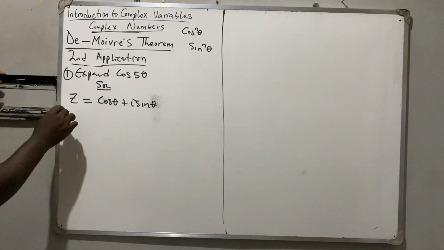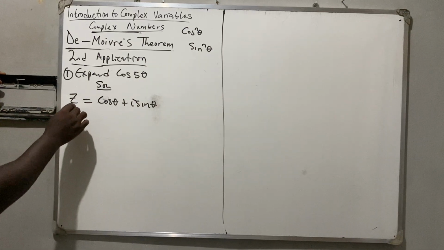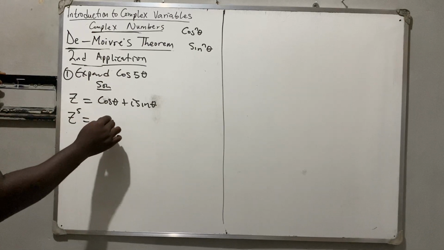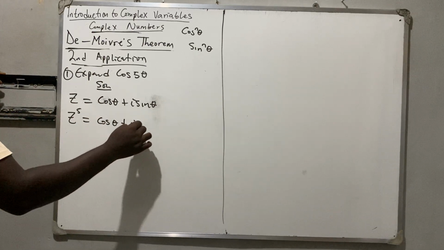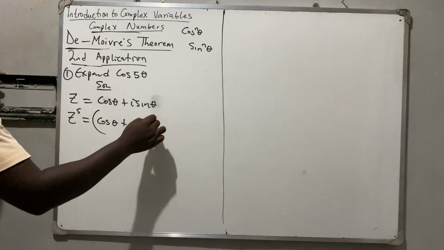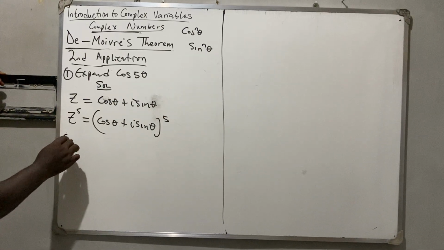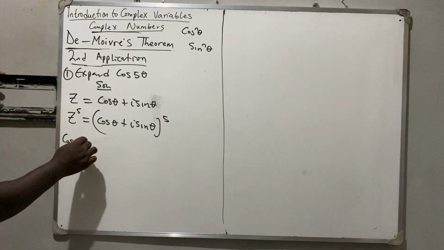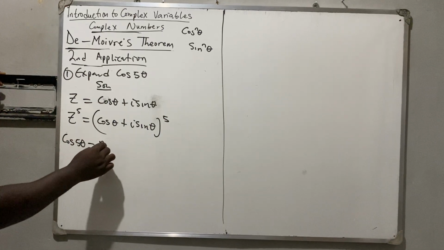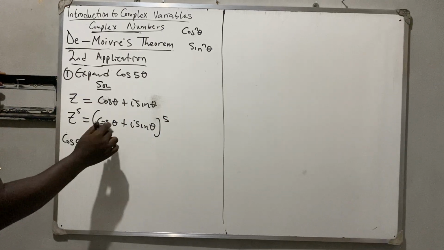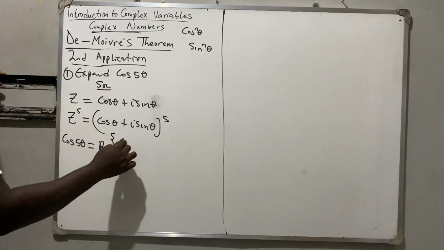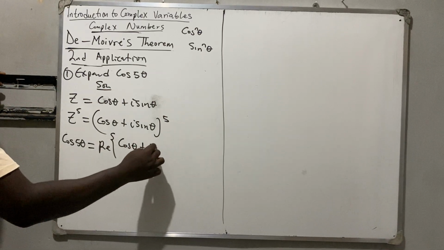So z raised to power 5 is cos theta plus i sine theta raised to power 5. If I'm looking for cos 5 theta, it is simply the real part of this cos theta plus i sine theta.